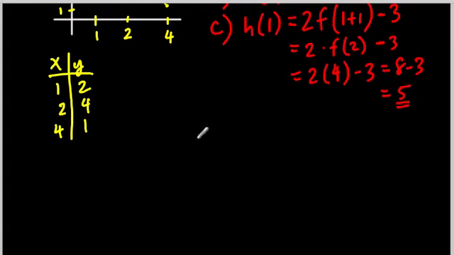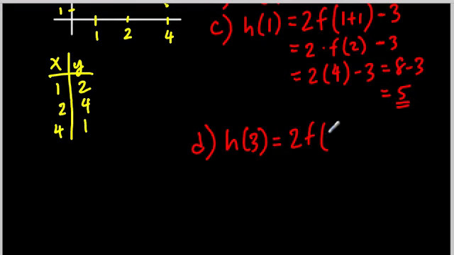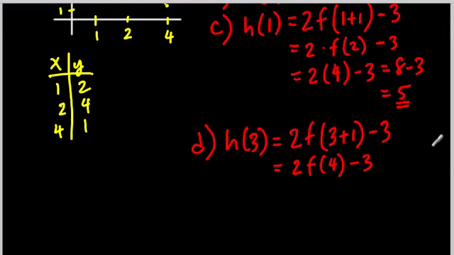So let's do D, and the question of D is, what is h of 3? Okay, same deal as before. The h of x is equal to 2 times f of x plus 1, but x now is 3, so I'm going to say it's 3 plus 1 minus 3. Well, 3 plus 1 is equal to 4, so it's 2 times f of 4 minus 3. The question is, what is f of 4?